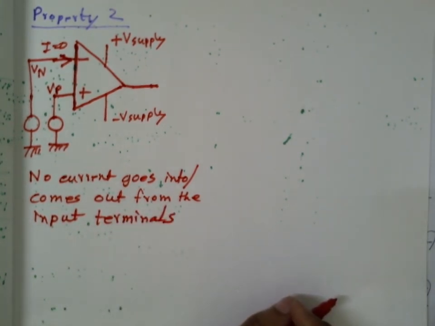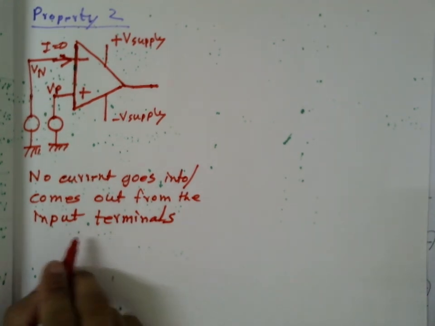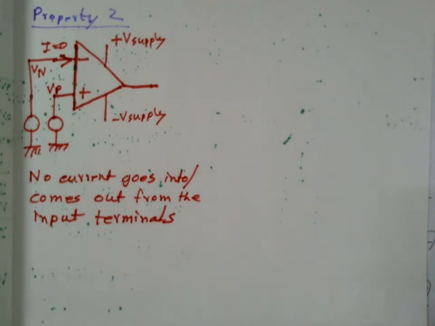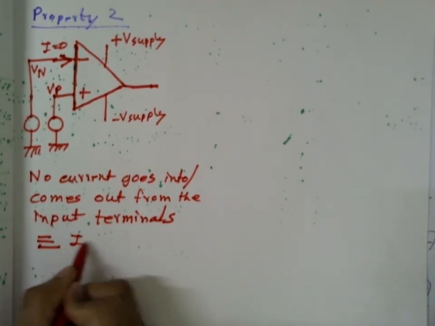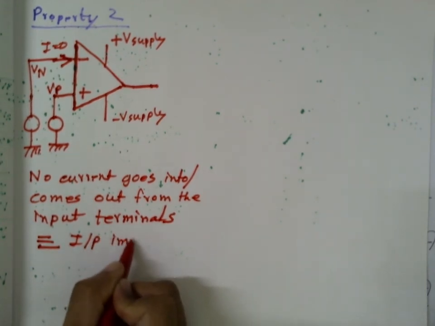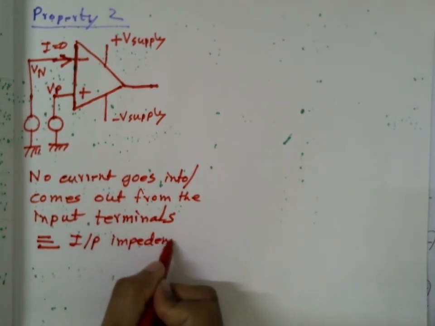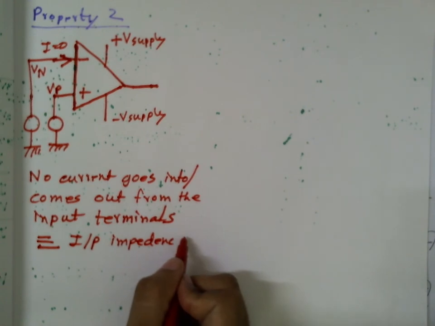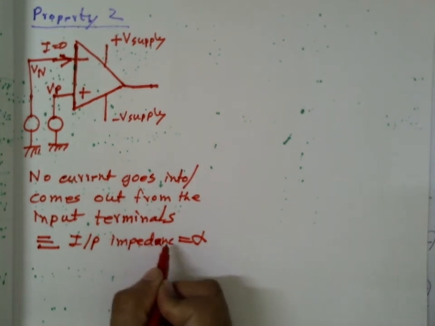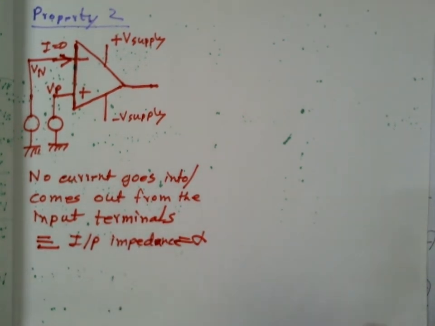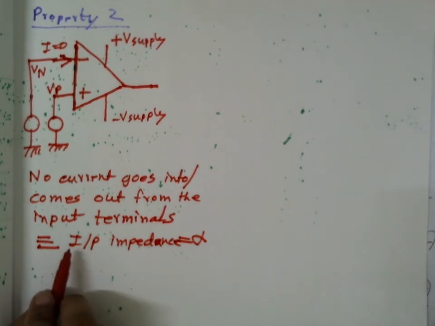This can also be said equivalently that the input impedance of an op-amp is equal to infinity. So what do I mean by that?